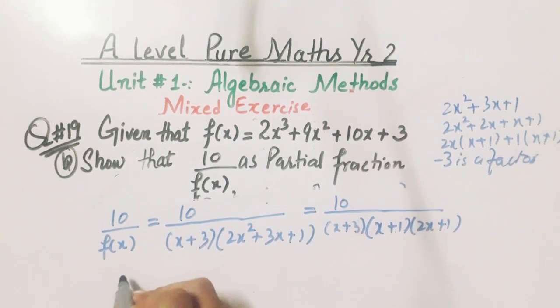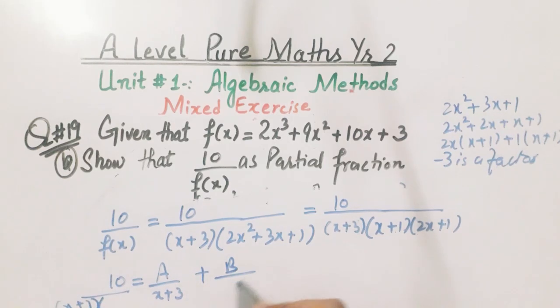Now make the partial fractions of this. So 10 over the product equals A by x plus 3, B over x plus 1 and C over 2x plus 1.